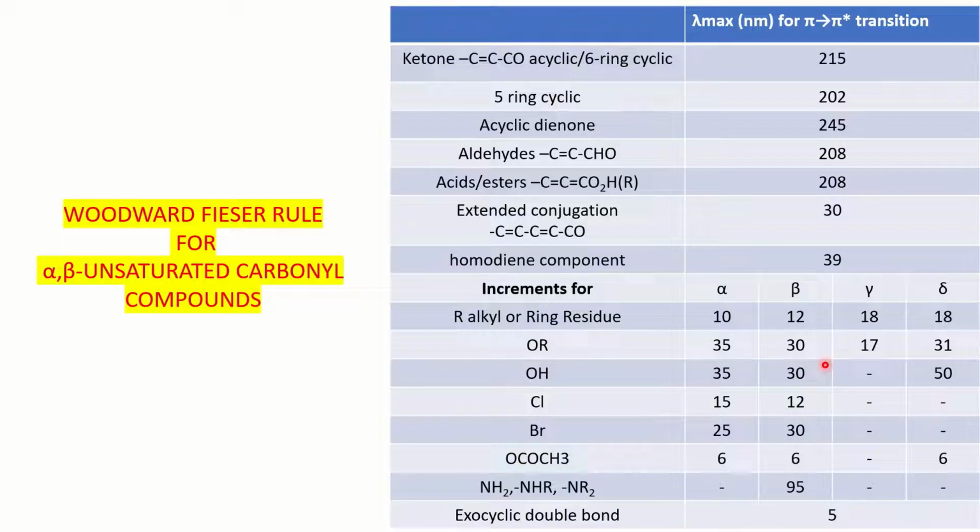Practice this and learn it. Finally, you have the exo double bond. Exo double bond is also talked about with respect to cyclic compounds. If any double bond exists just outside the ring, it is considered exo, plus 5 for that. To understand it more, we will solve the problem.